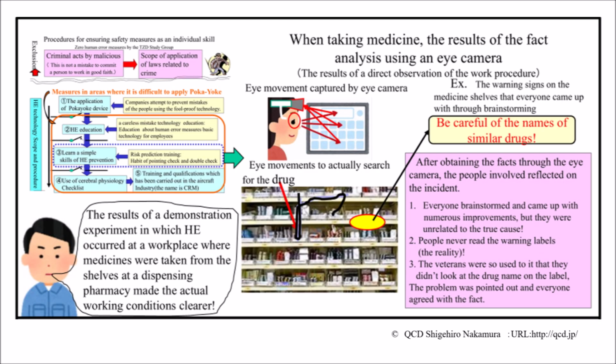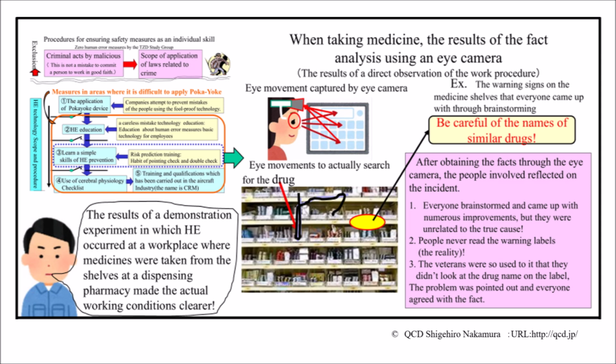Not only in factories, but also in the dispensing workplace shown in this diagram, there is a risk of a serious accident if the wrong medicine is taken. As a result, research has been conducted into human error countermeasures in this field using video. Video analysis was used here.